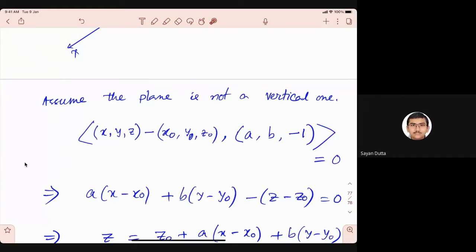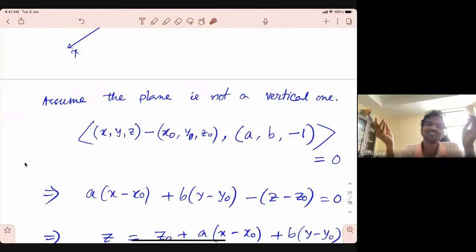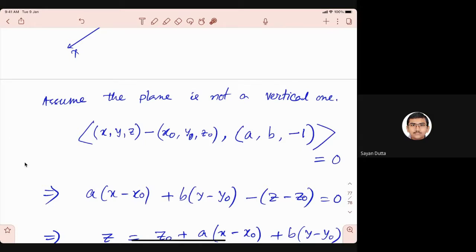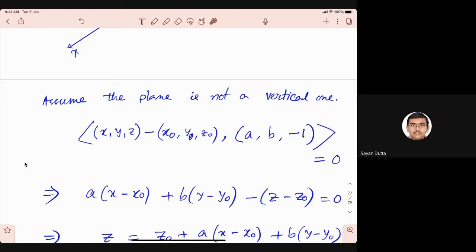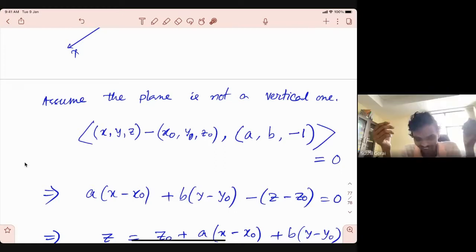Direction cosines happen to be related to a line. You are right, these are such for the normal line passing through x naught, y naught, z naught.